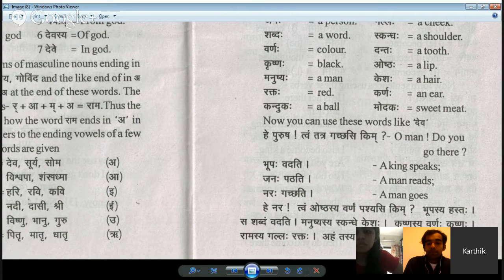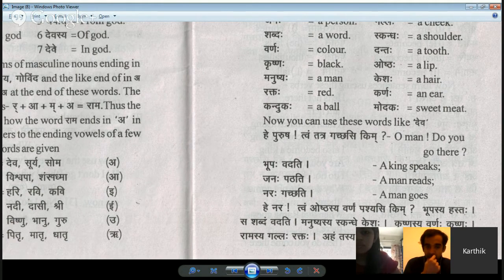In this sentence, there is no verb, because the kind of verbs we have seen end in T, C, and me, and none of the words in the sentence end in T, C or me. So as of now we know there is no verb. Usually in such sentences you can supply asti or bhavati, meaning it is.